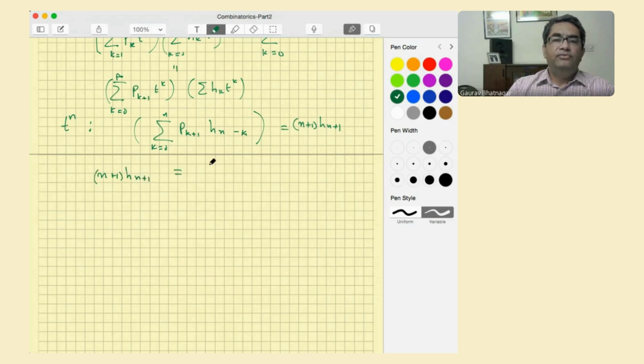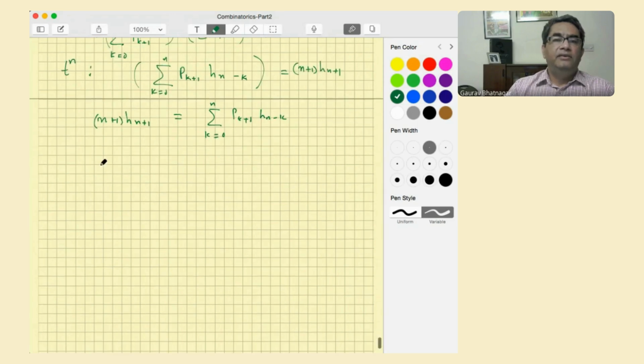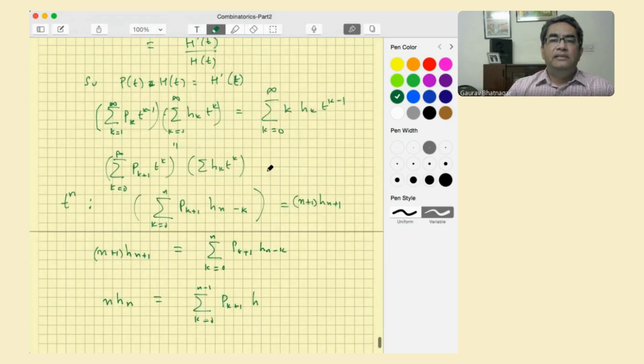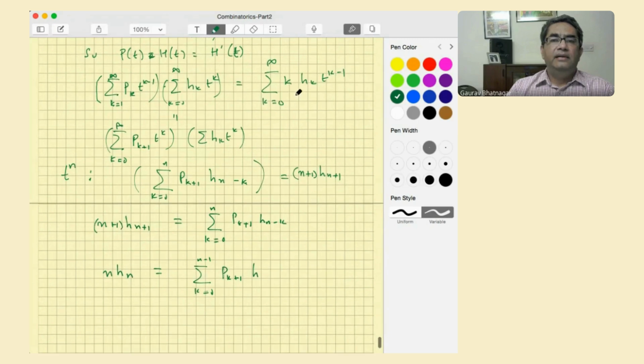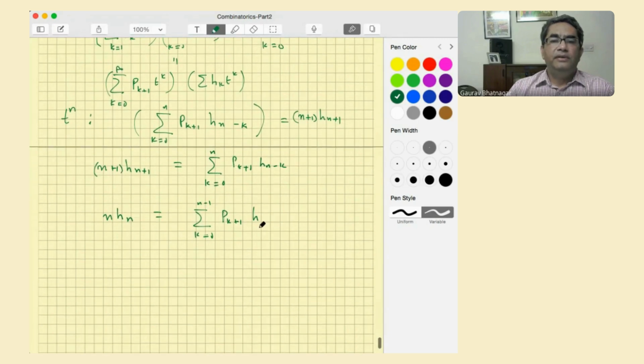So this is the formula, p_{k+1} h(n-k), and the formula is usually stated in terms of h(n). So I'll get (n-1) p_{k+1}, and there is something else. There's a k here. No, that comes over here.